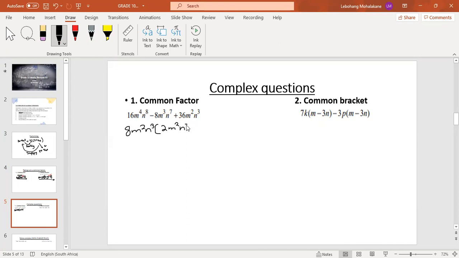In order for you to get 8, from 3 you need 5. Then minus this 8, negative 8 divided by 8, it's a negative 1. And then m, you need a single m. And then for the n, you need 4 n's to get 7.